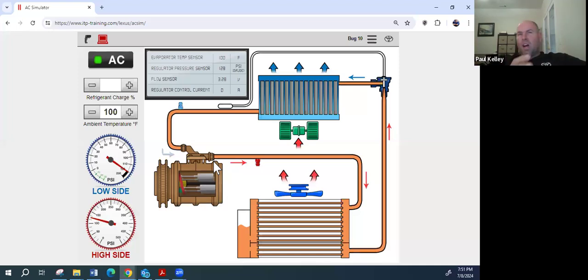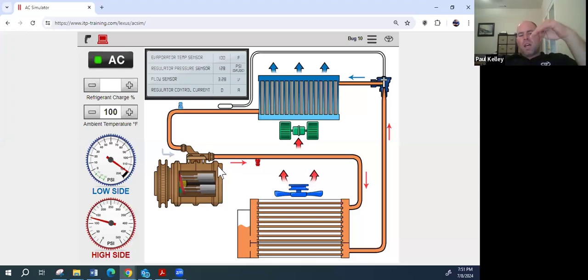It's going to back it off, right? So this one may or may not have a clutch, but if it's a variable displacement, it's going to not make those pistons do full stroke. So if the pistons aren't stroking, don't you think the low and the high side are going to be the same? Because they're not stroking.